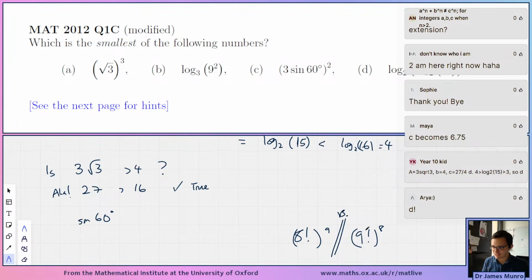Here's a fight between 2 fractions. My suggestion, if you want to try this, is to simplify the ratio between those 2 things as much as you can. If you want to see the solution, it's in the solutions doc, which is on the MAT Live website, where you can get, as of time of recording, all of the questions and solutions for upcoming live streams for the next 3 weeks.